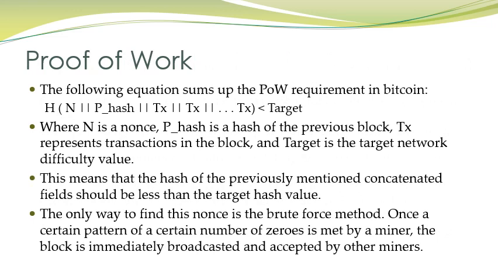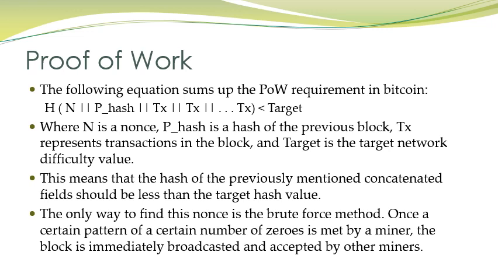Students, we have studied the proof of work mechanism in session 20, and how the hash value is calculated in the Bitcoin network. The equation used to calculate the proof of work is shown in the figure.